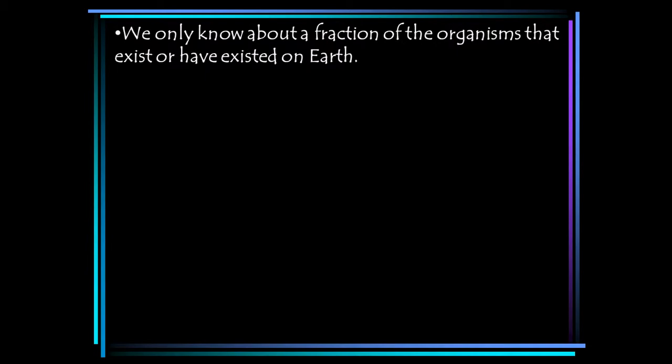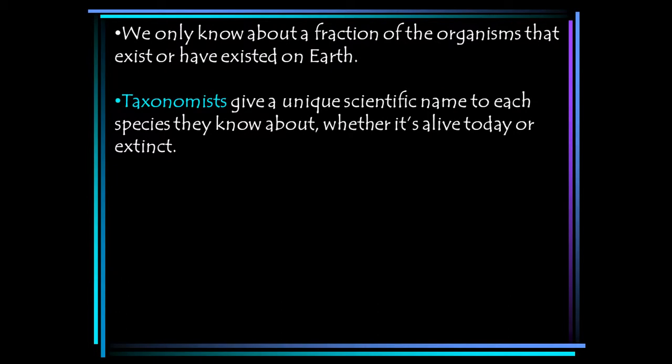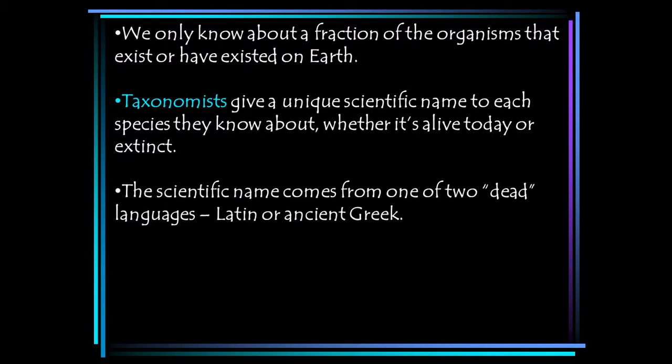We only know about a fraction of the organisms that exist now or have ever existed on Earth. Taxonomists give a unique scientific name to each of these species that they know about, whether it's alive today or extinct. The scientific name that they give comes from one of two quote-unquote dead languages, meaning these languages aren't spoken currently, either Latin or Ancient Greek.